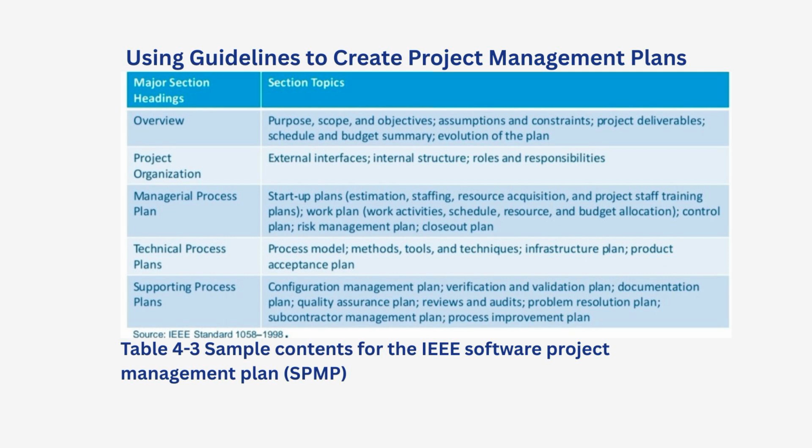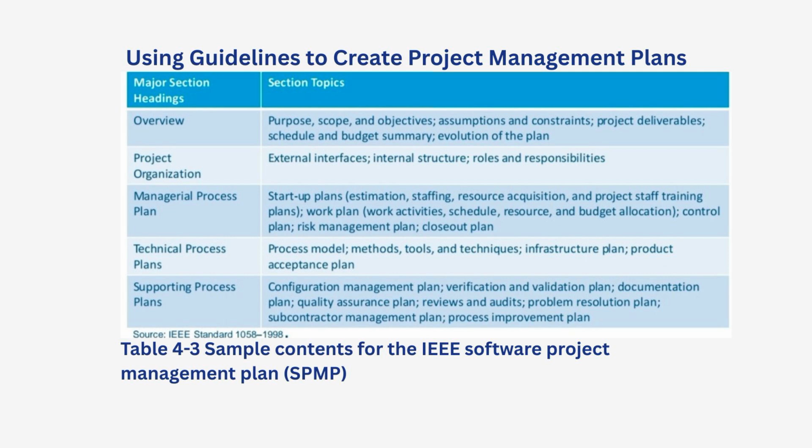So we have here the major section headings. We have overview. The section topics are purpose, scope, and objectives, assumptions and constraints, project deliverables, schedule and budget summary, evaluation of the plan. Project organization. The section topics are external interfaces, internal structure, roles and responsibilities.